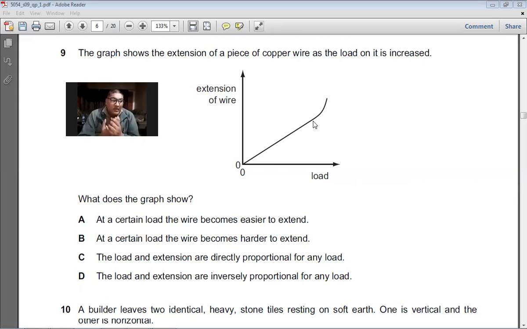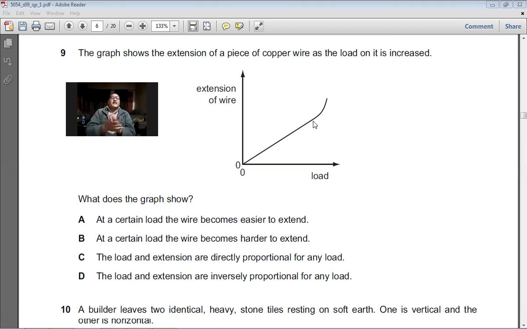But after that point, if you increase the load, the extension in the wire will not be proportional to the load. It will be quite a large extension because the graph has curved upward.